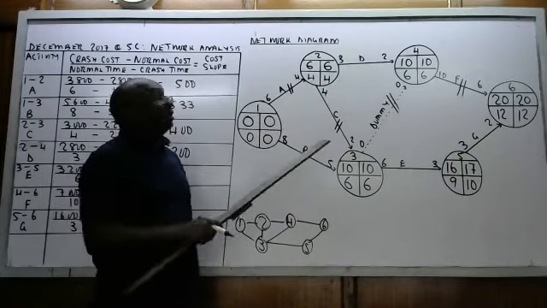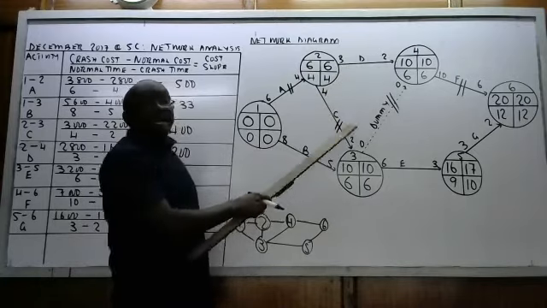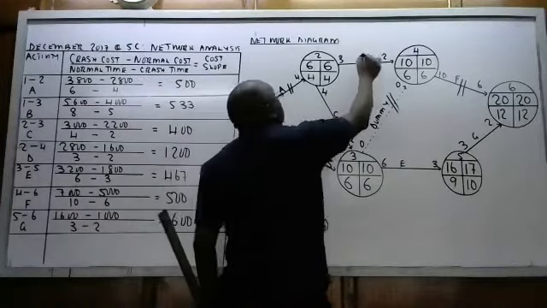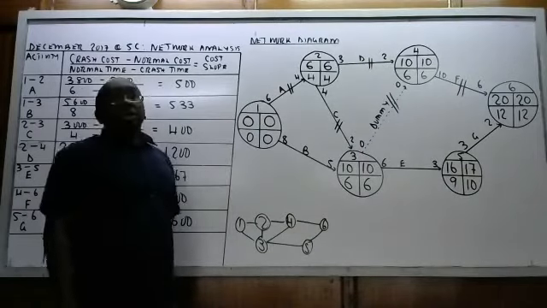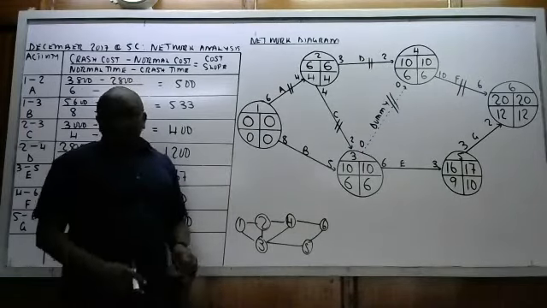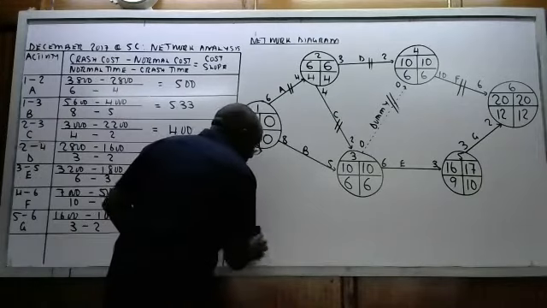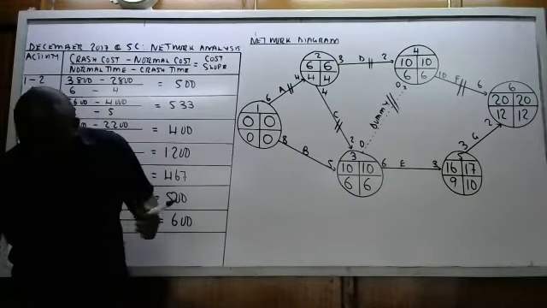D now becomes critical because if you go through D, it is 2 days. If you go through C, it is 2 plus 0. So even D has now become critical.